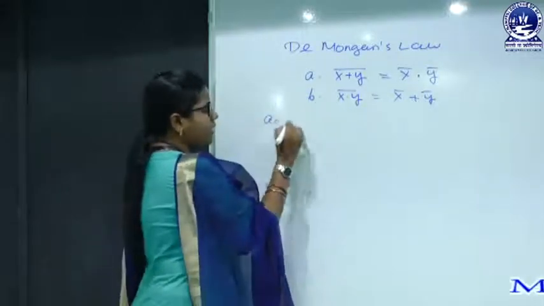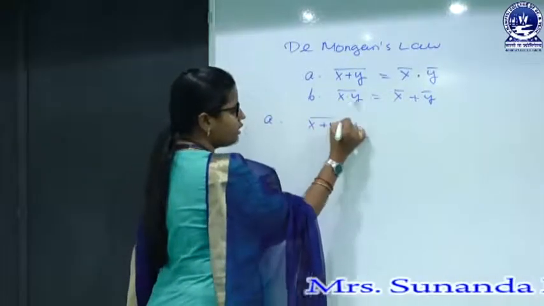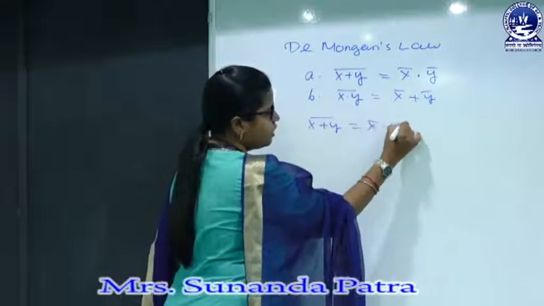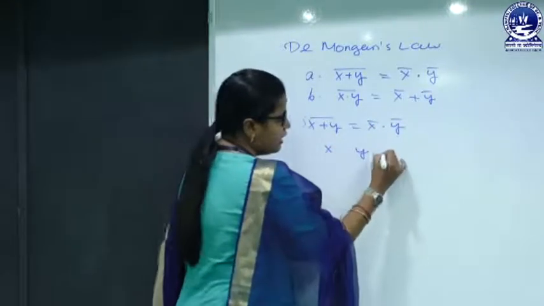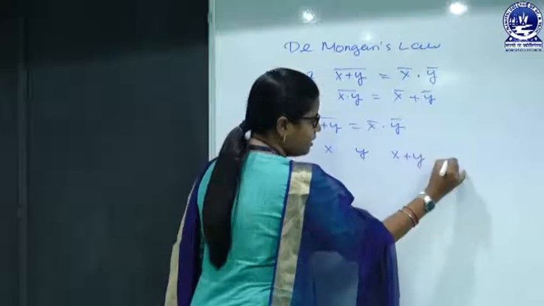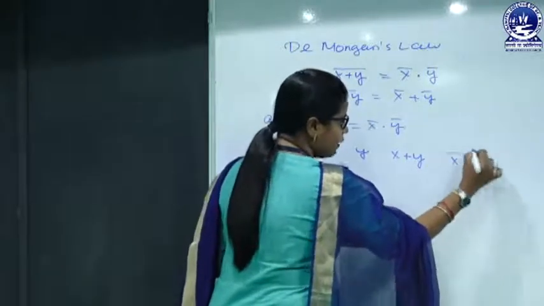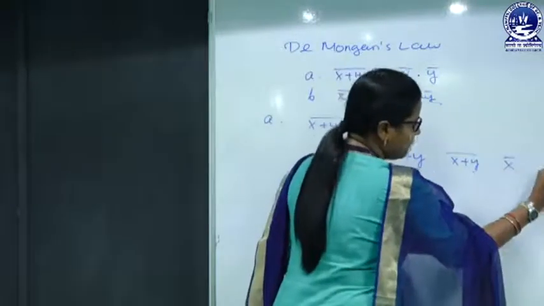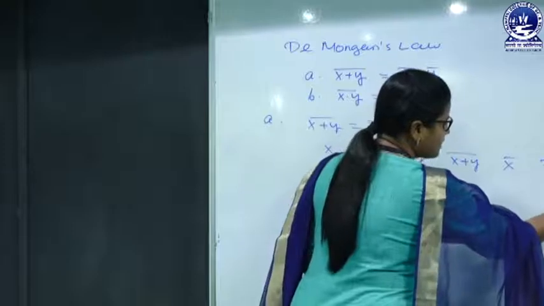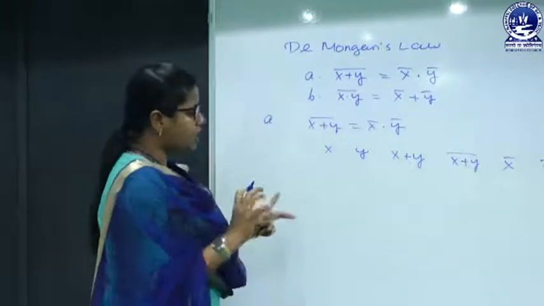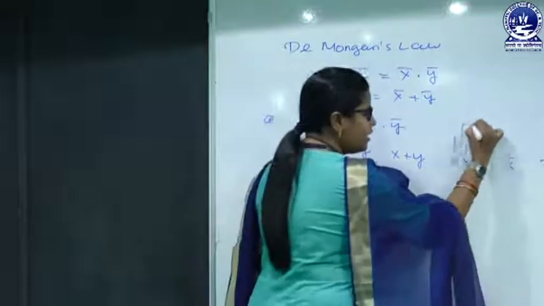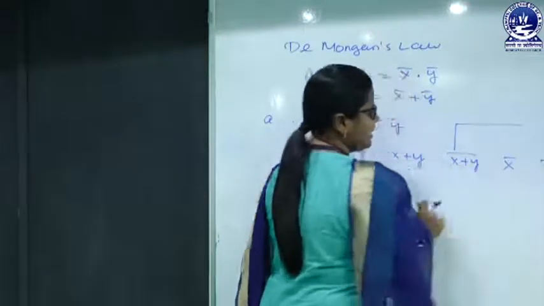The proof of A, that is x plus y whole complement equals x complement dot y complement. So we have x, y, then x plus y whole complement, x complement, y complement, and x complement dot y complement. We have to check whether this column and this column are the same or not.